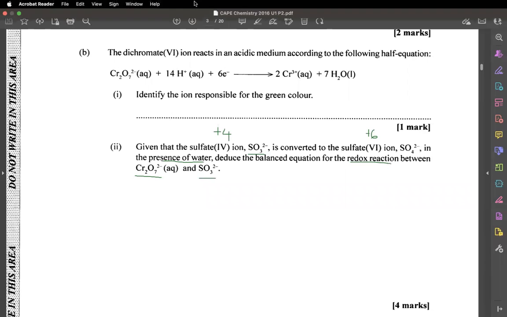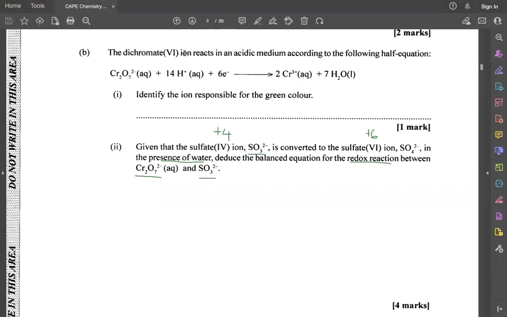So first we're going to write out our reaction for our dichromate that we already knew from up here. Let's just write that down as Cr2O7 2-.